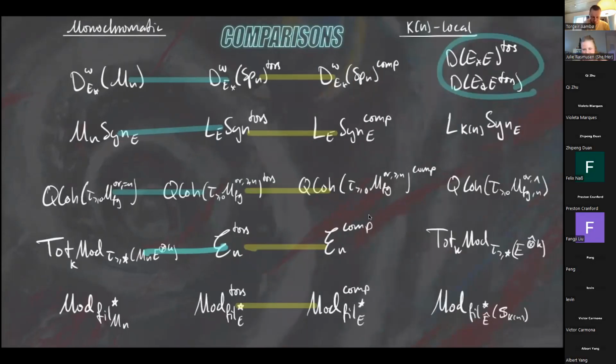Some of these I have proved. Some of them are conjectural. But most of them I feel like they should go through. Okay, so now we have these layers of equivalent stuff, and some of them are also equivalent because we know that without the torsion, for example, these are equivalent.